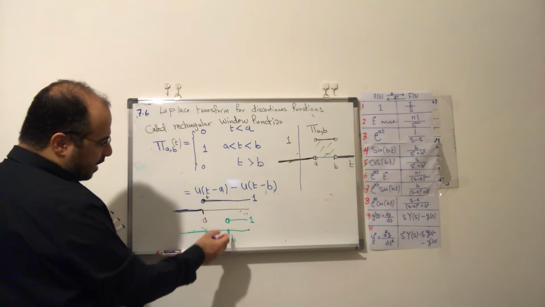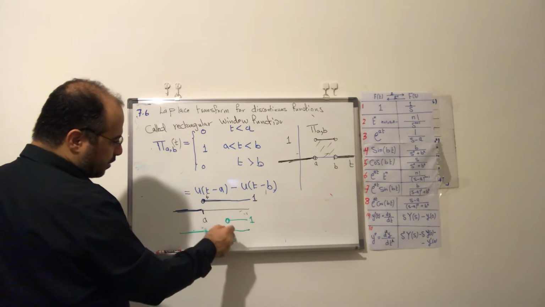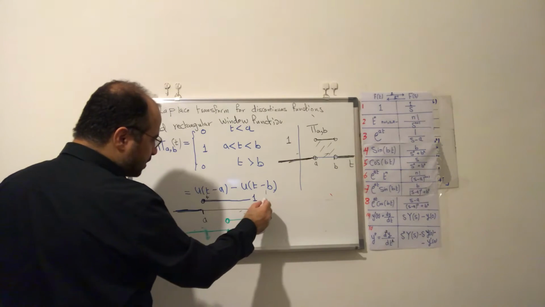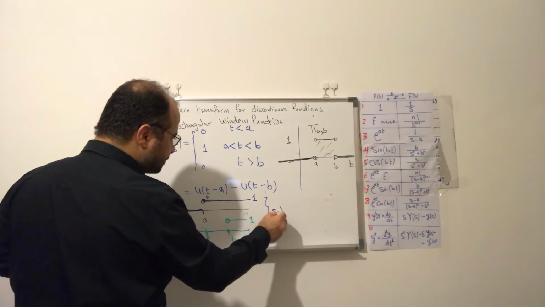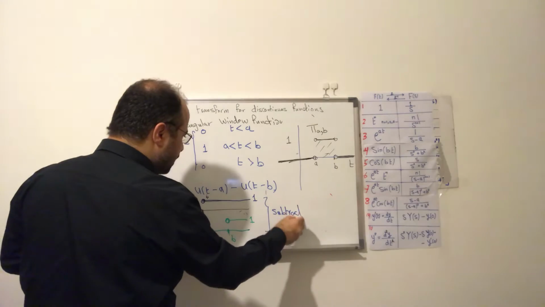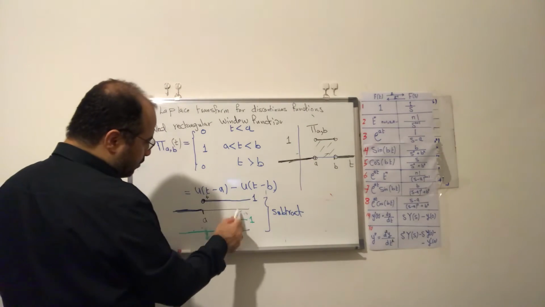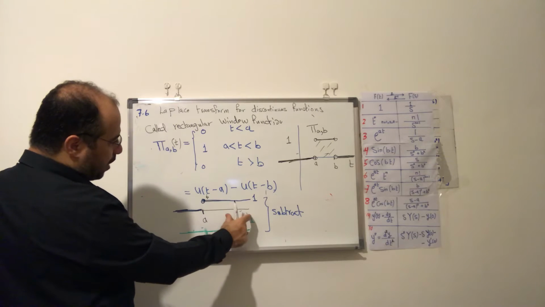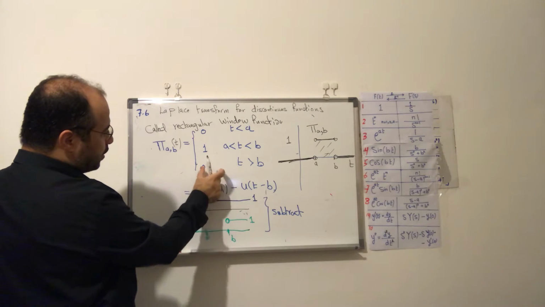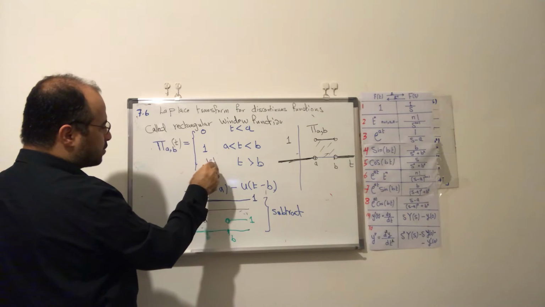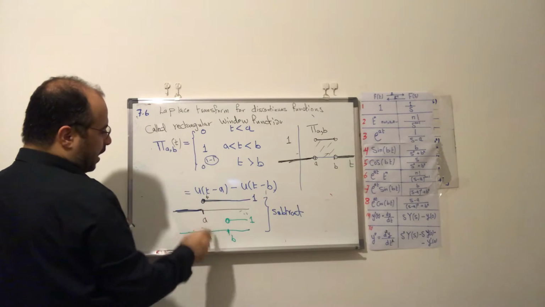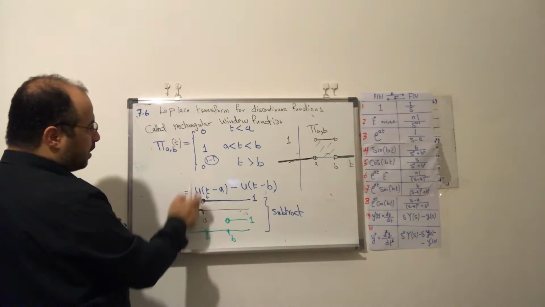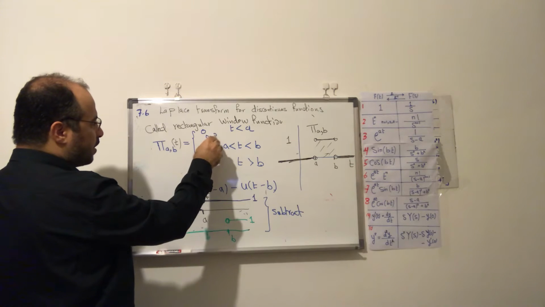Now when you subtract them, it's clear. So what you're going to have here, let me draw them: when you are bigger than b, 1 minus 1, then you get 0. Here it is kind of 1 minus 1, right? And when you are here, then it is 0 minus 0, right?